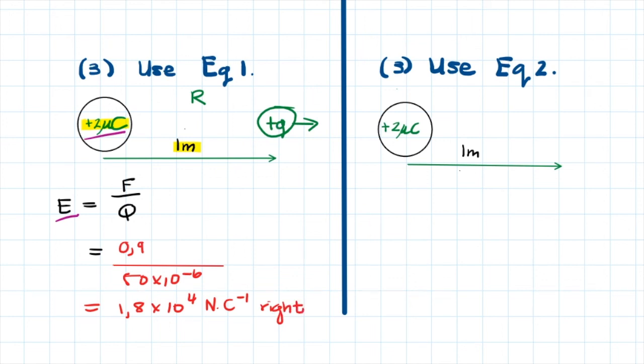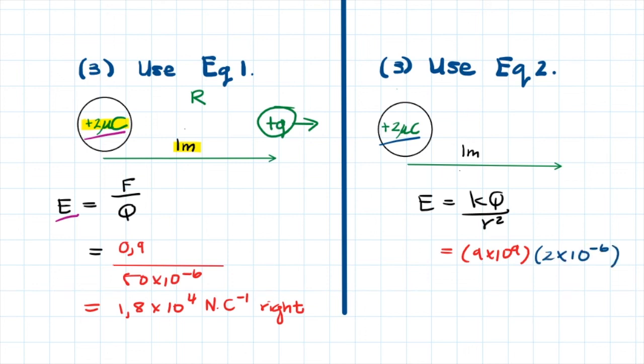Now I'm going to show you how we can use the second equation, E equals kQ divided by r squared. In this formula, k is equal to 9 times 10 to the power of 9. It is a constant. The Q that we substitute in is the charge whose electric field we are trying to measure. So here it's going to be 2 times 10 to the negative 6.